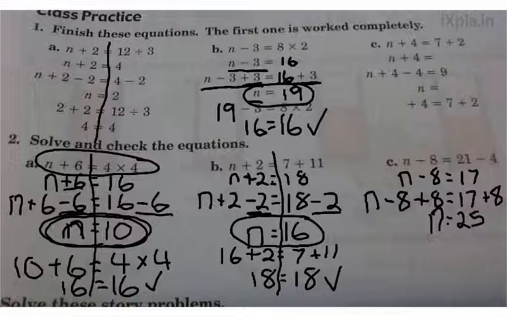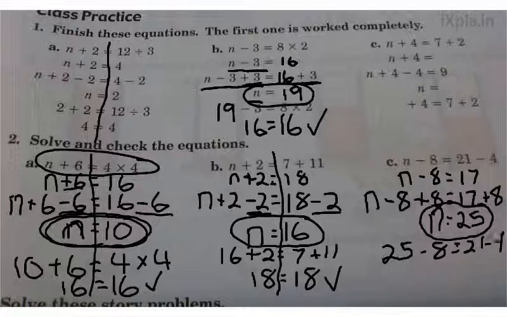Now our answer is n equals 25, but we need to check it, so we're going to rewrite the original problem, and instead of n, we're going to put 25. 25 minus 8 equals 21 minus 4.